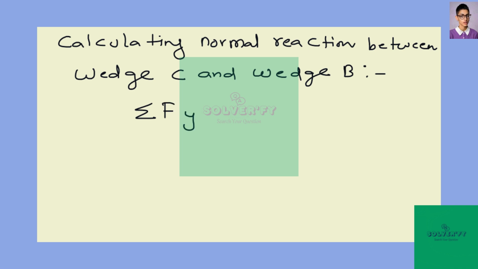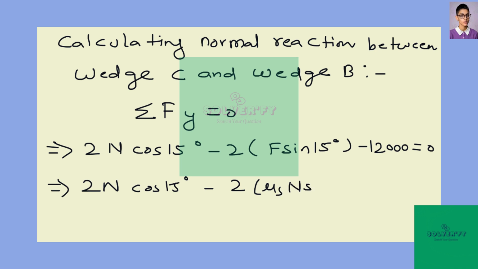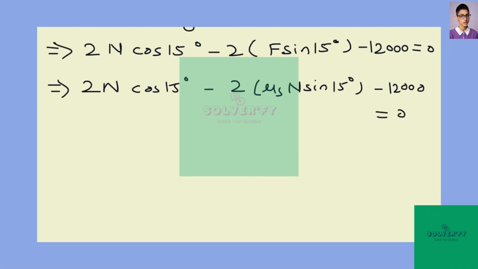So summation of Fy is equal to 0, or 2N cos 15 minus 2F sin 15 minus 12,000 is equal to 0. So 2N cos 15 minus 2 into mu s N sin 15 degree minus 12,000 is equal to 0.